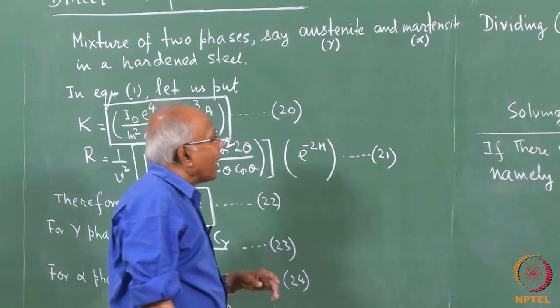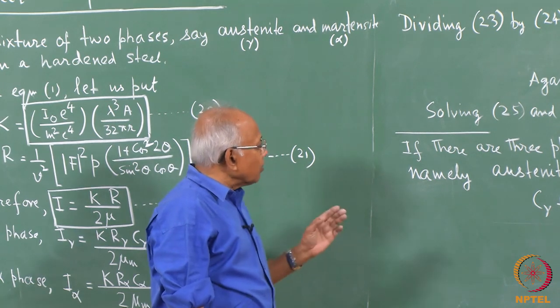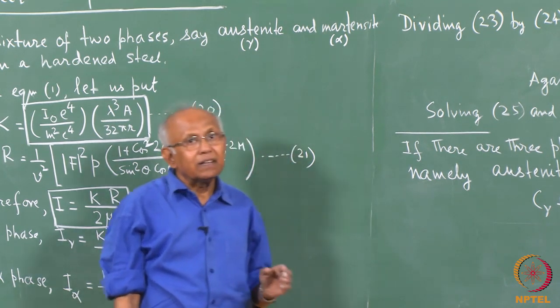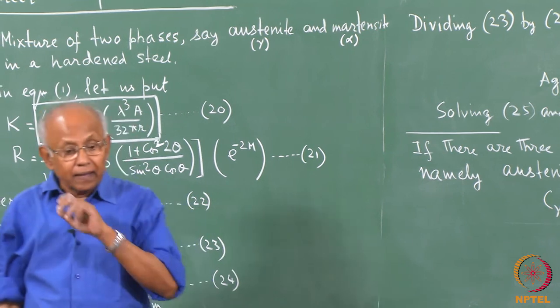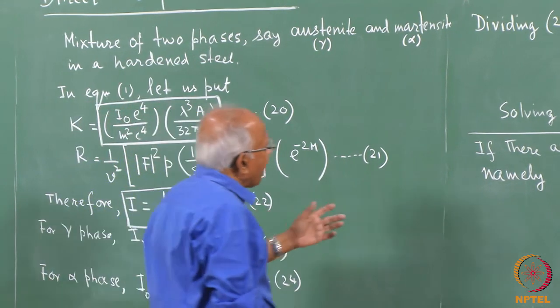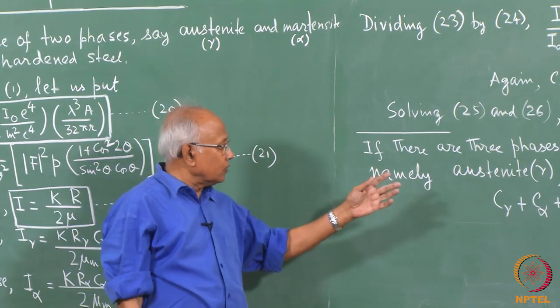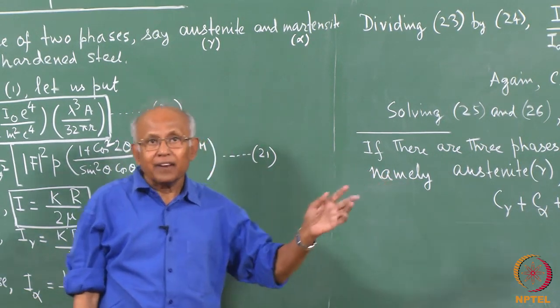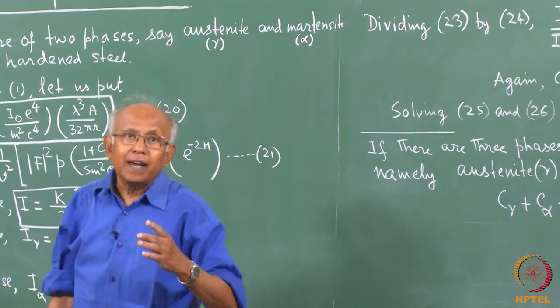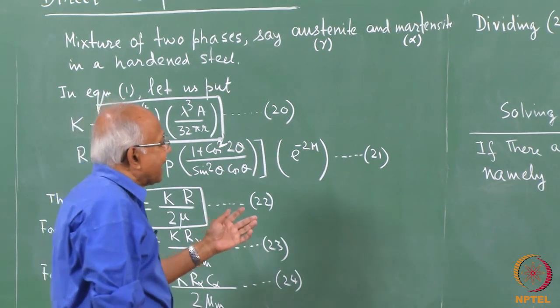That is the reason why it is very much essential to find out the volume fraction of the retained austenite phase. Now, this can be done by using the microscopic method also. In fact, the microscopic method is pretty good and rather accurate for an austenite content of about 15% and above.